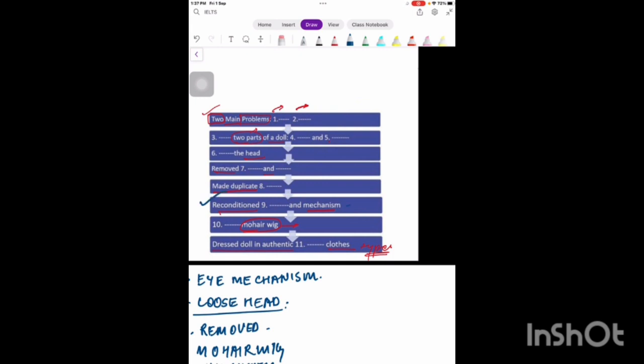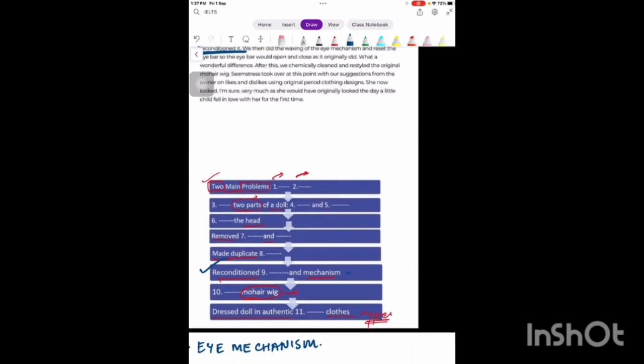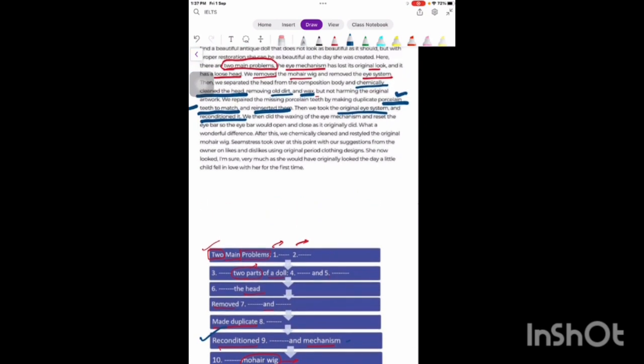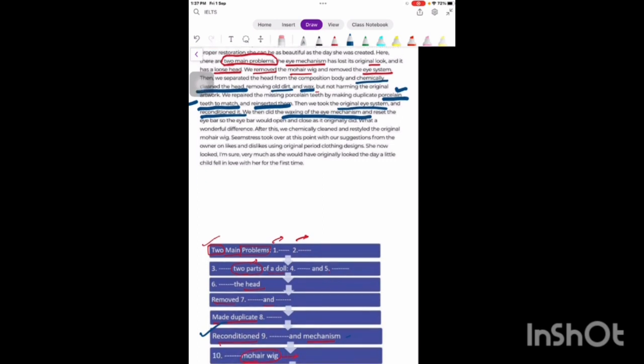Then ninth is recondition the dash and mechanism. So what did they recondition? Then we took the original eye system, reconditioned it. We then did the waxing of the eye mechanism and reset the eyeball, so the eyeball would open and close as it originally did.